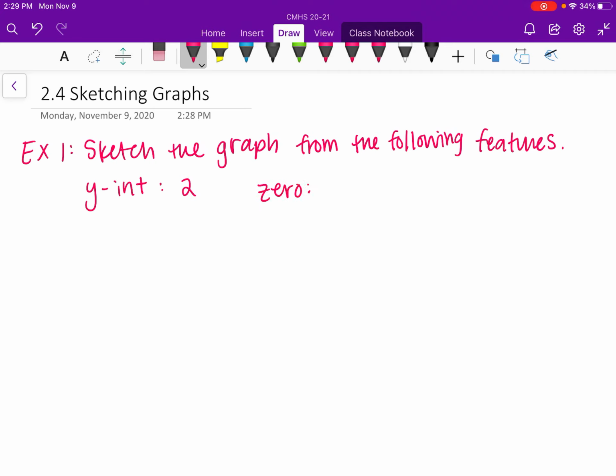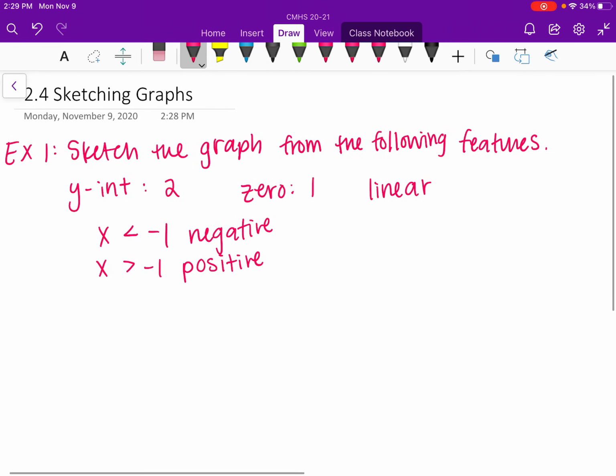The 0 is at -1. It is linear. If x is less than -1, the graph is negative. If x is greater than -1, then the graph is positive. What that means is it's below or above the x-axis.